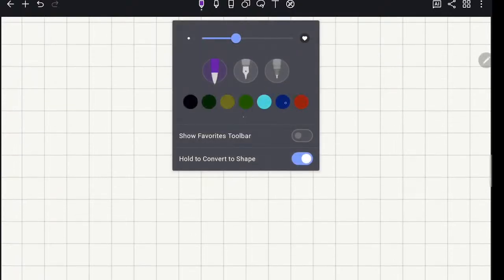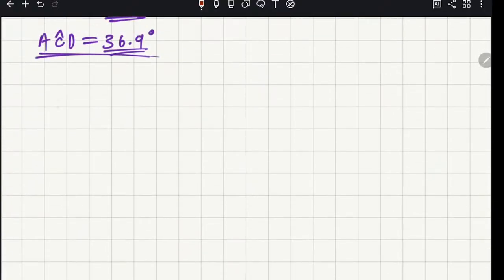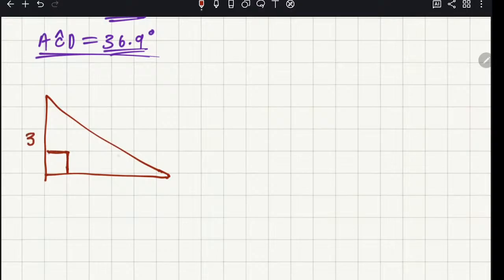The last example is this one. Then they say find side BC.